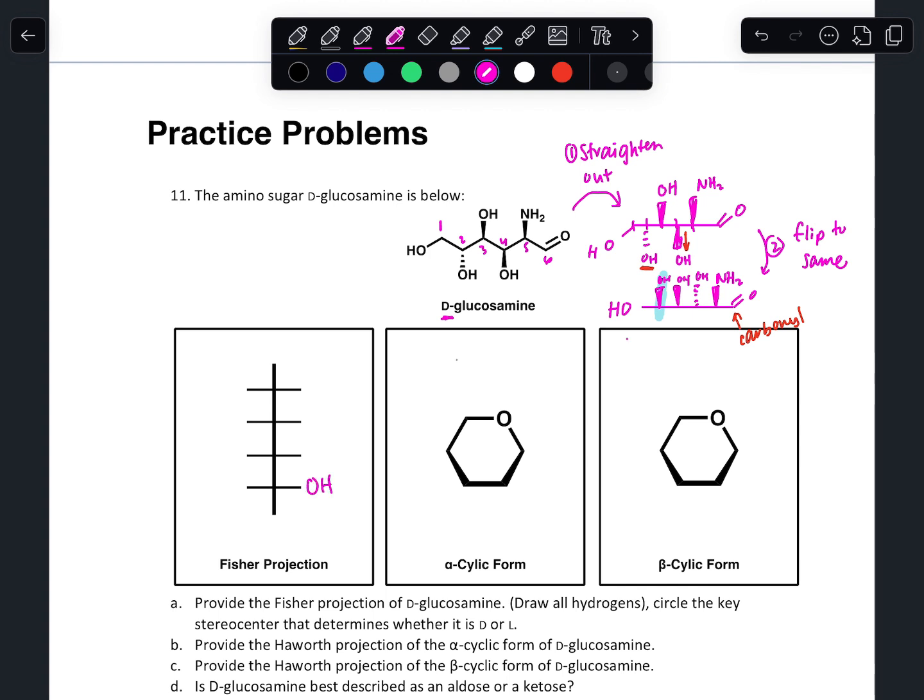We can also go ahead and fill in our end caps and our other hydrogen. So if wedges are to the right, our dashes will be to the left. And then we can fill in the rest of our Fisher projection.